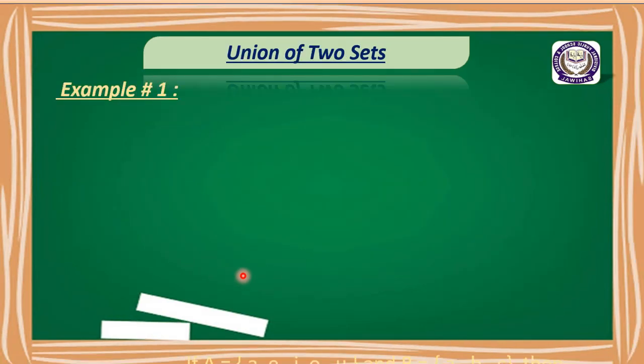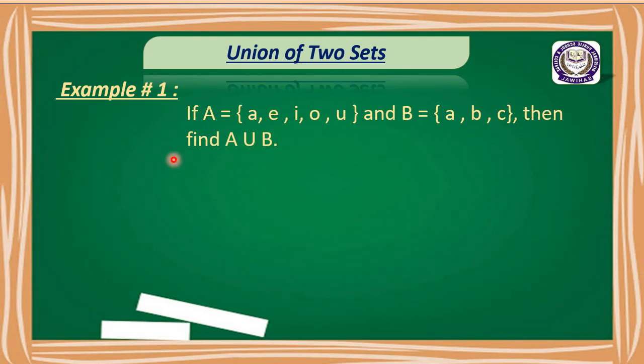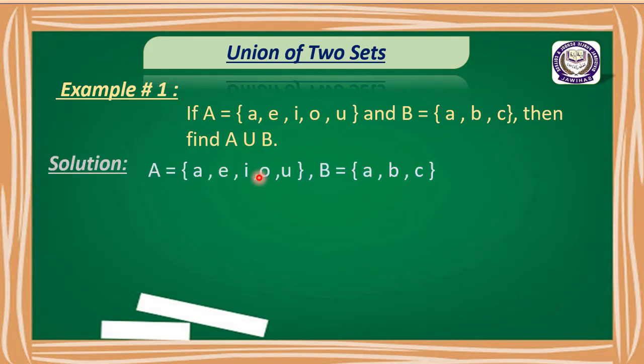आप इसको example से समझ सकते हैं. जैसे कि हमारे पास if A is a set consisting of the elements A, E, I, O, U and B is a set which consists of the elements A, B, C and then we have to find A union B. तो सबसे पहले A union B मालूम करने के लिए हम क्या करेंगे? Sets लिखेंगे.